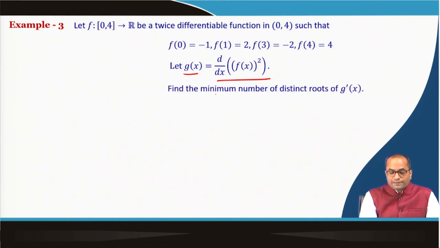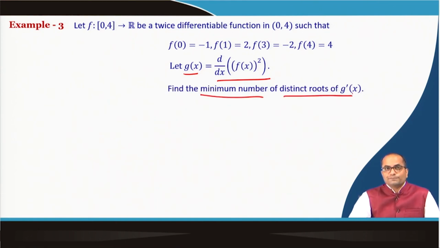So, we need to find the minimum number of distinct roots of the derivative of g. g is already the derivative of (f(x))^2, and then we are looking for the number of distinct roots of g prime, where we can confirm that there will be at least that many distinct roots, maybe more, but the minimum we can confirm for this g prime using the idea of the mean value theorem.